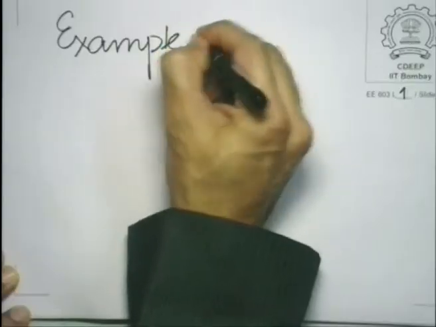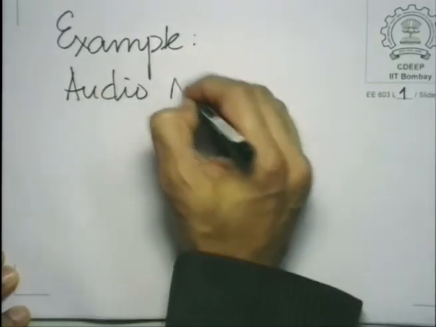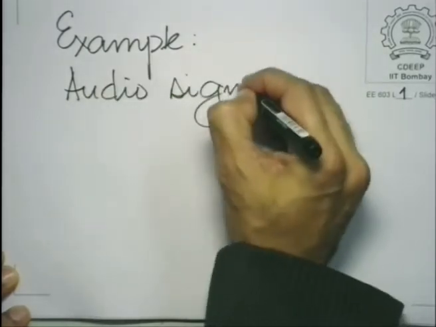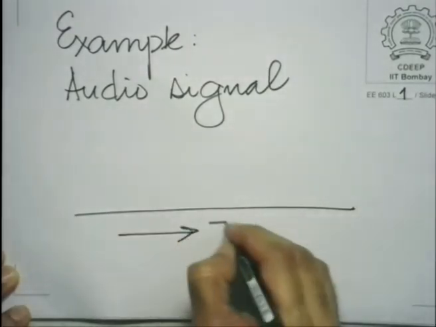What that means is, if we take the example of an audio signal. In an audio signal, the independent variable is time. Right? So let's make it a practice to write down. Let's take an audio signal as an example. Independent variable is time.